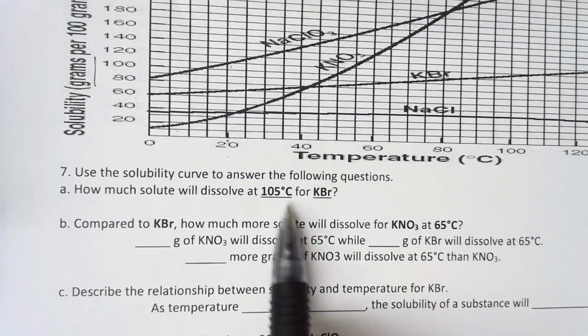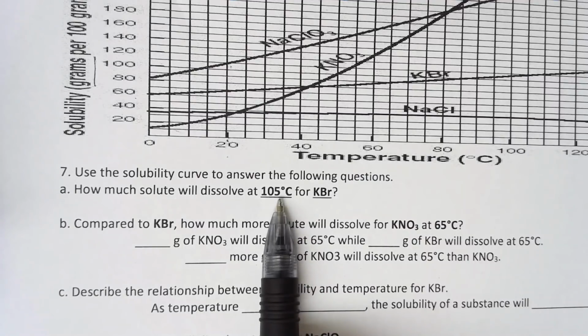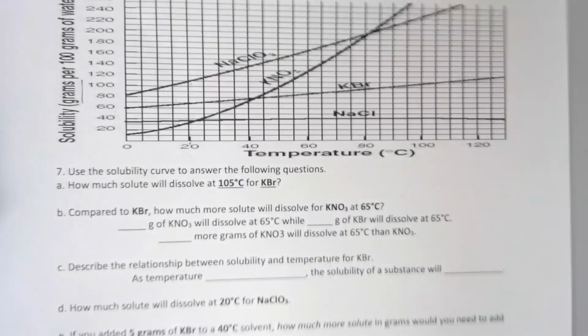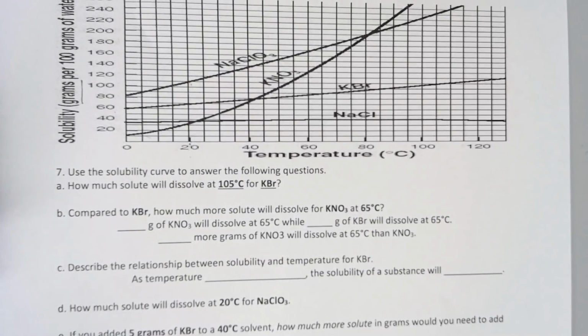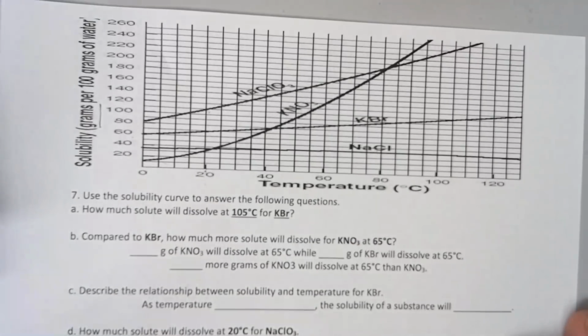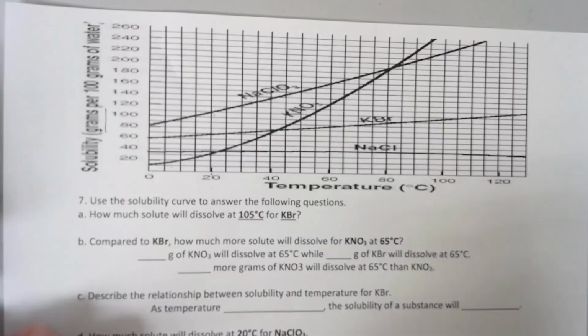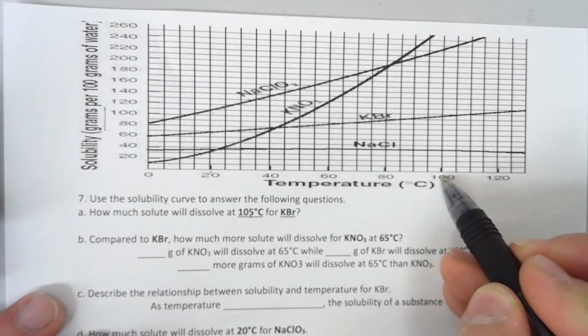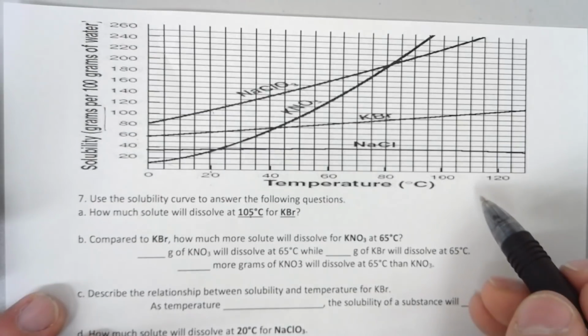So, this is asking us for 105 degrees Celsius. So, let me make this a little bigger. Okay, so it's asking us how much solute will dissolve at 105. So here's 100, right? I need 105.